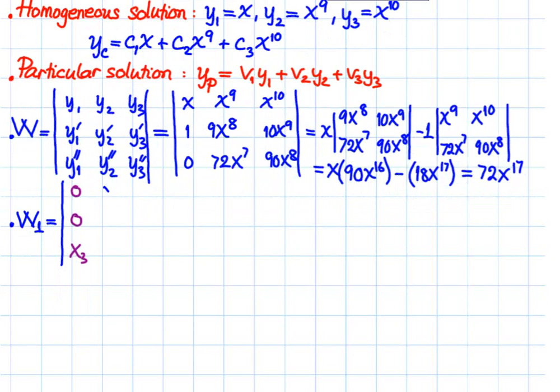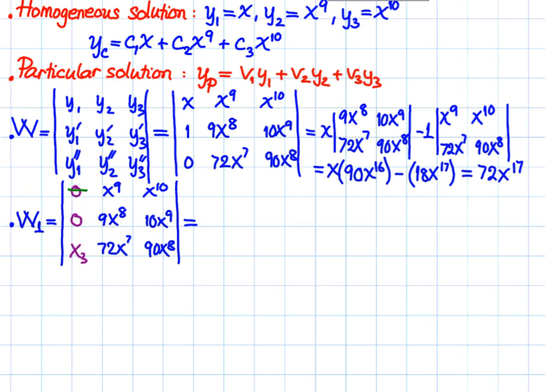We just say x to the 9, 9x to the 8, 72x to the 7, and then x to the 10, 10x to the 9, 90x to the 8. And we evaluate based on the first column. Notice that the sign chart for the 3 by 3 determinant is plus, minus, and then plus. So for the x cubed, we carry the positive sign.